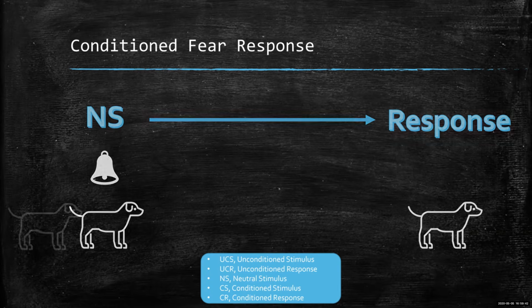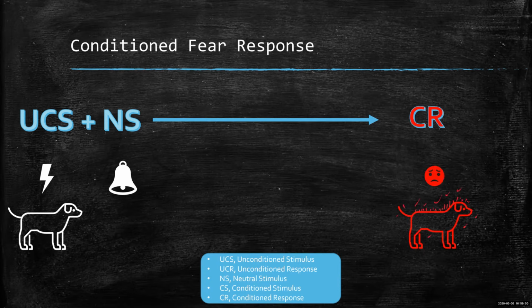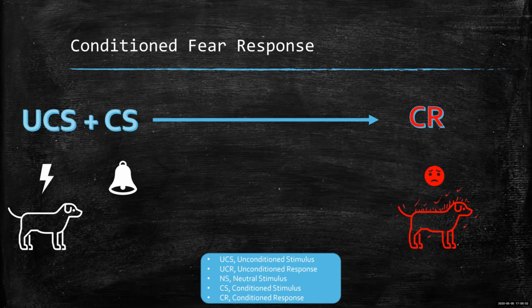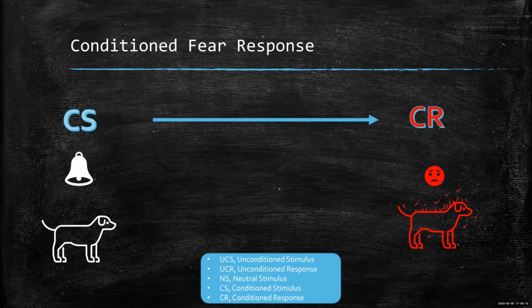But interestingly, when you pair that neutral stimulus, the bell, with the shock, and you do this many times, what ends up happening is the neutral stimulus then becomes a conditioned stimulus, in that after you've paired the shock with the bell over a number of times, the dog will respond even when the shock isn't there.